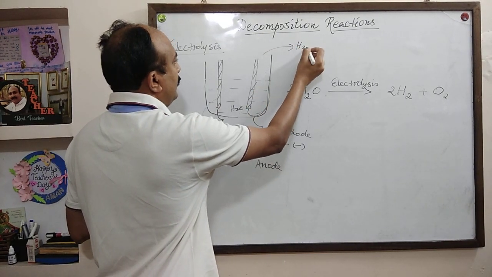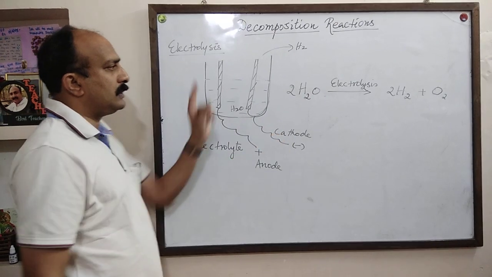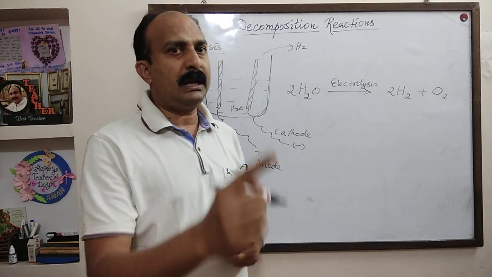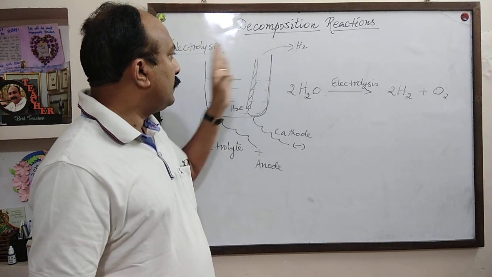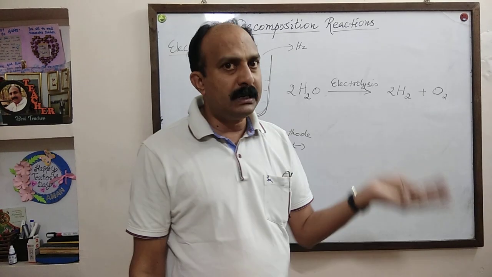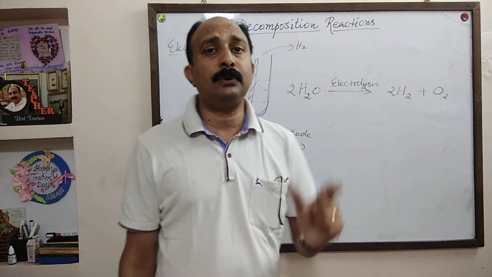So hydrogen gas will be liberated at cathode because hydrogen ions are positively charged. Opposite charges attract each other. So positively charged hydrogen ions will be attracted towards the oppositely charged electrode, that is cathode.